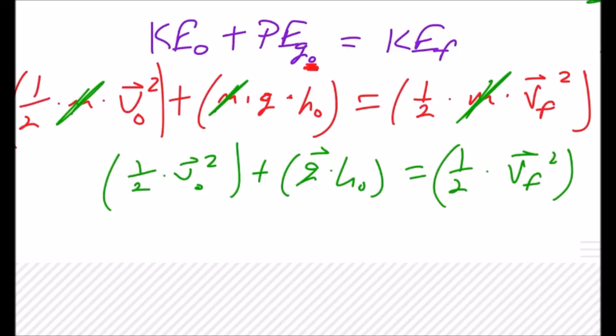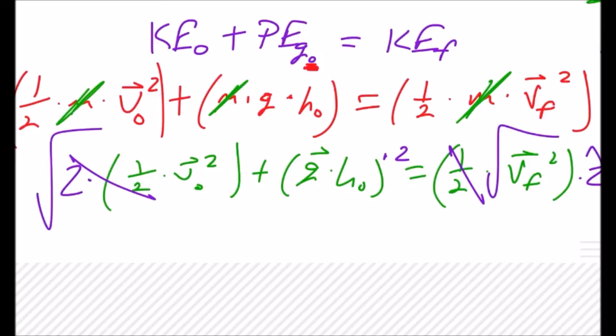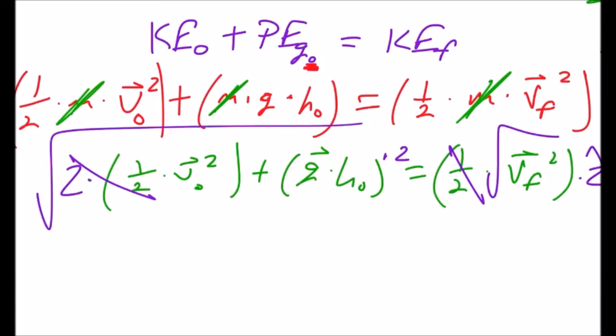Let's multiply everything by 2, meaning every single term. Now let's take the square root of both sides, so the final velocity is equal to the square root. And remember, anytime you introduce a radical, you also need to put a plus or minus in front of it.